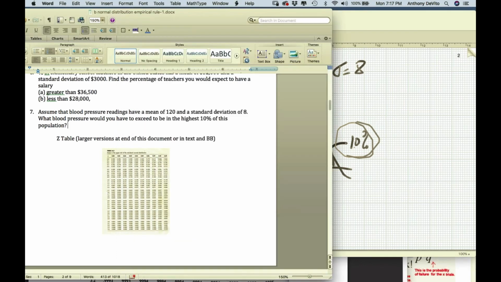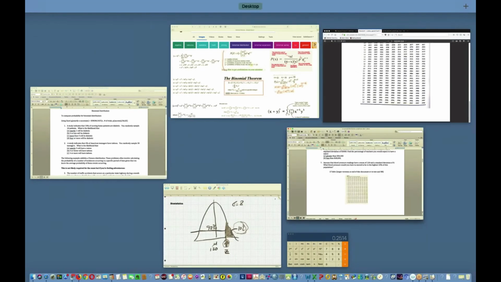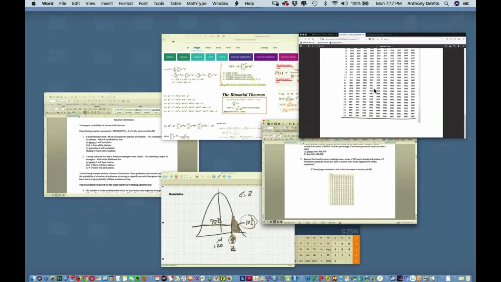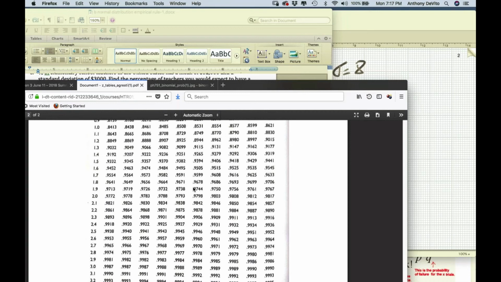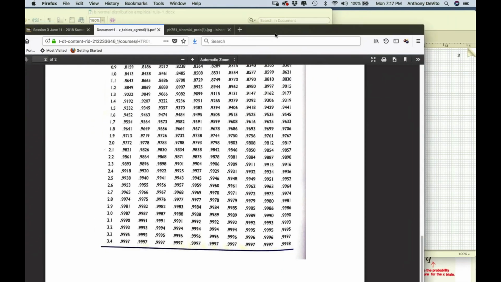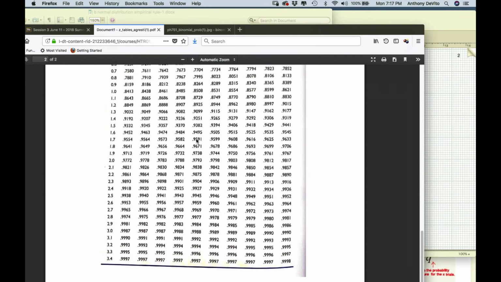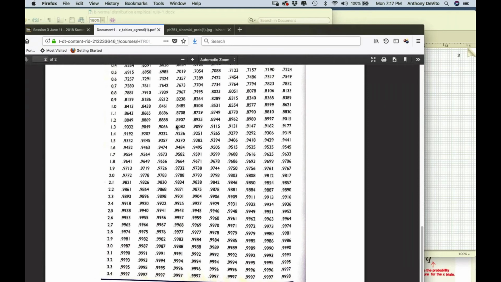Okay, so I'm going to go to the Z table, and I'm going to look for the area that's closest to 90%. So let me see, 89, 88, 89.44, 89.62. So this looks like the closest to 90%.